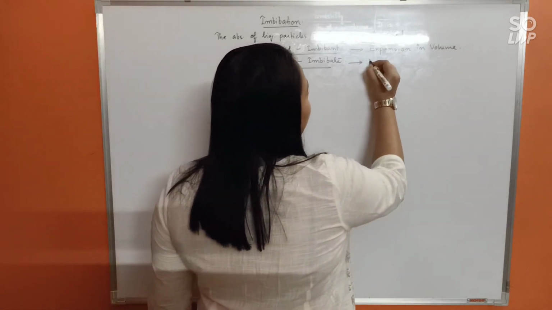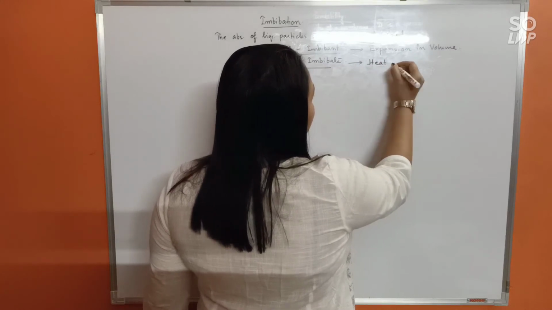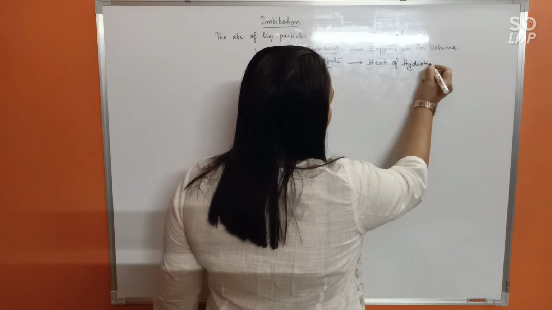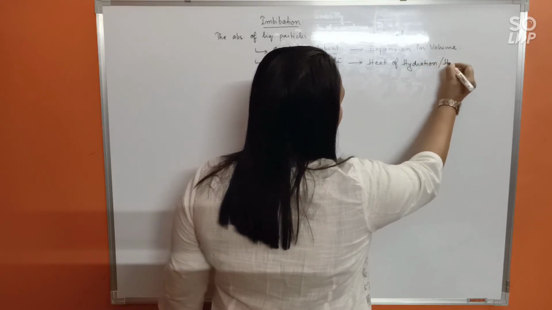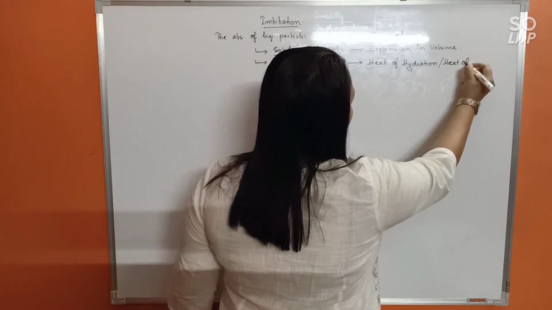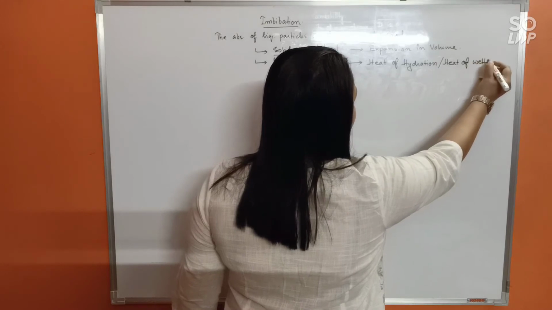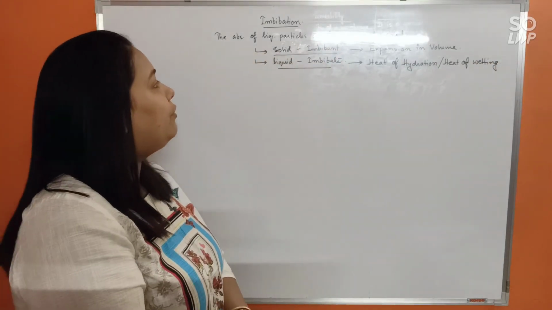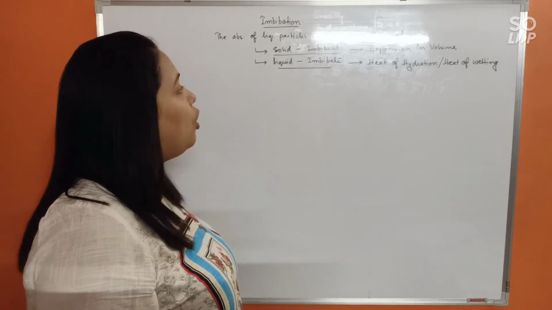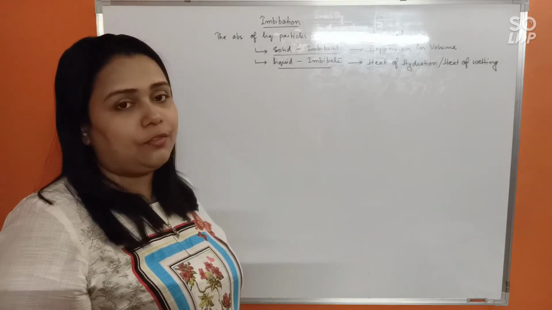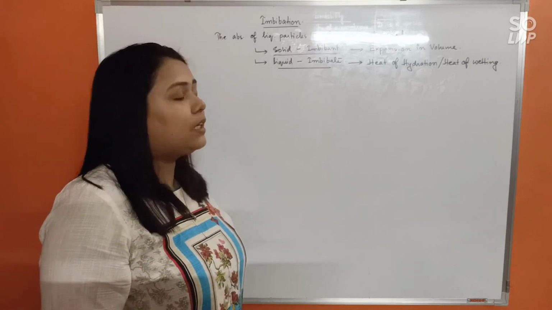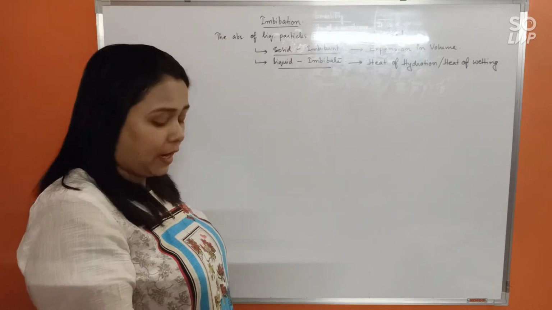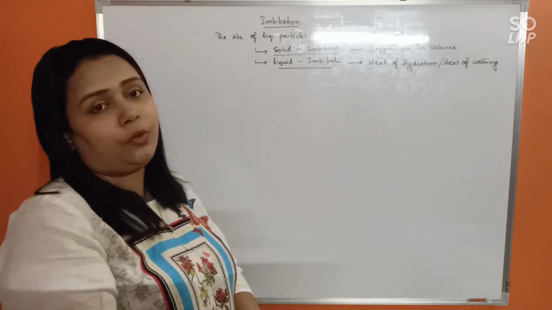And that heat released is called heat of hydration or heat of wetting. Alright, understood? So whenever imbibation would take place, the solid particle would undergo expansion in volume and the liquid particle would release heat, that is heat of hydration or heat of wetting.